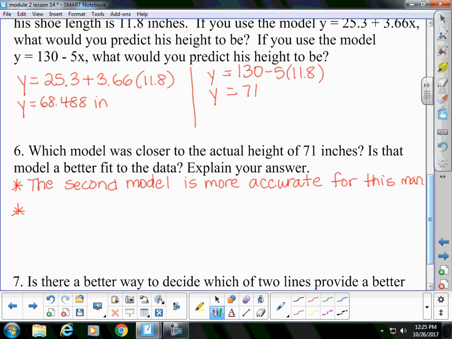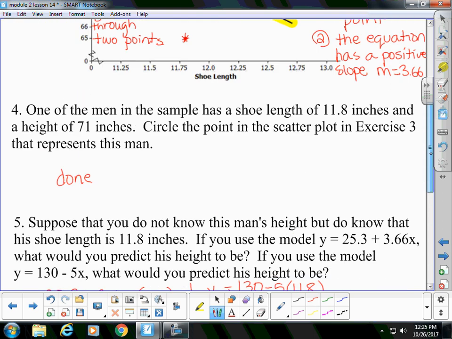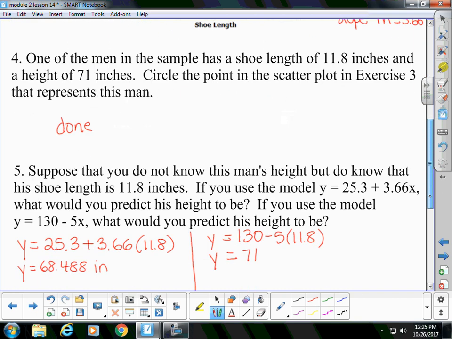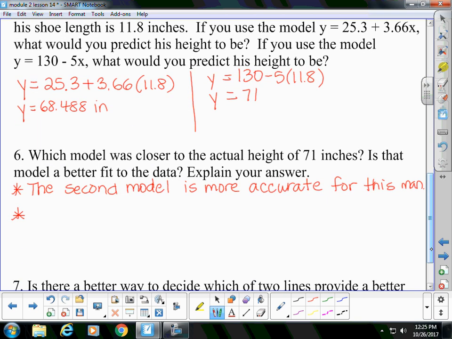And the reason why it happened to work for that guy is because if we go up here, that guy's point happens to be one of the 2 points that fell on that line. Okay, so is that model a better fit for the data? No, because it has a negative slope.